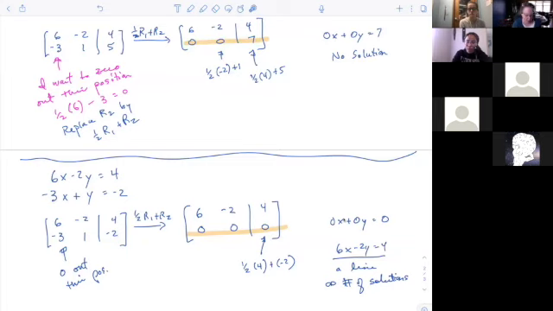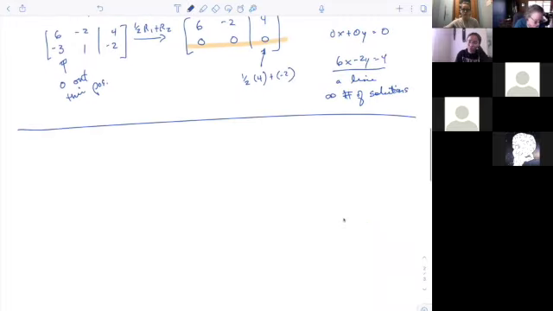Right, that's what gives us this kind of equation, that 0 times all our variables added together equals something not 0. And so if we have a row of all zeros in the coefficient part of the matrix, but then something not 0 on the right, that's how we know there's no solution. I'll write that down.